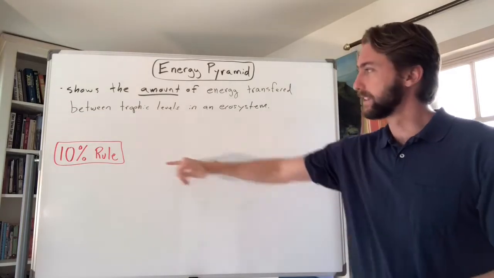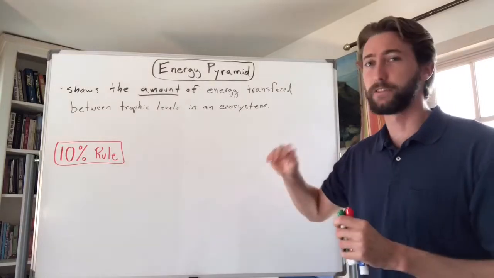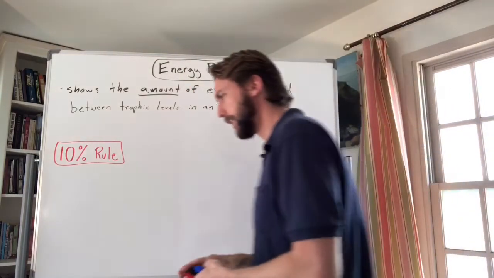All right, so the 10% rule is what I just talked about. Only 10% of energy gets transferred from one trophic level to the next trophic level. It's really inefficient. So let's write that down.